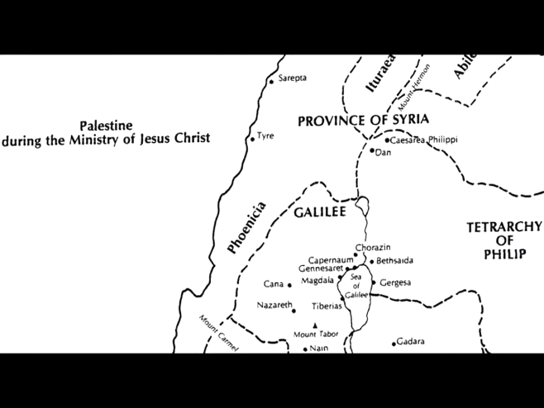And behind it, you can put the dates. September 20 to October 19 in 27 A.D. And that covers the month of Tishri when these events took place.